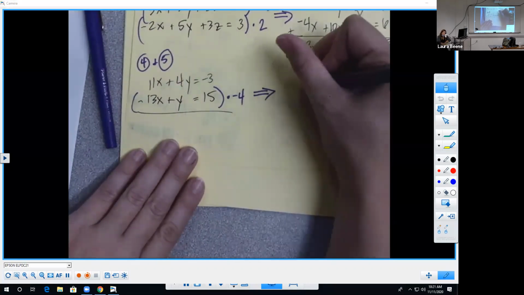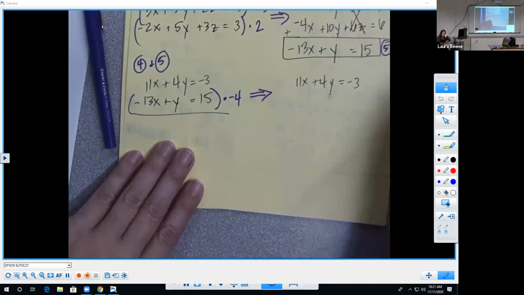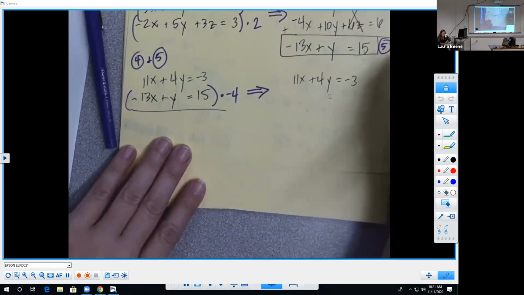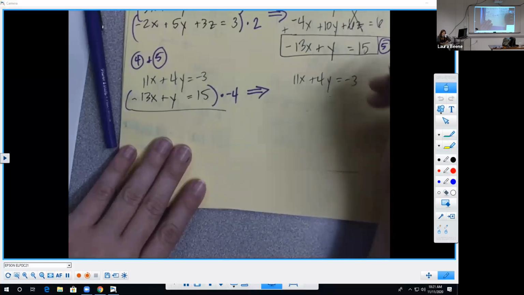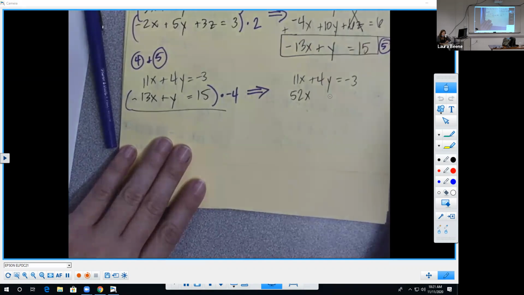So on top, I get 11x plus 4y equals negative 3. On bottom, negative 13 times 4, 52, positive 52x. Is that right? 40 and 12, yeah.